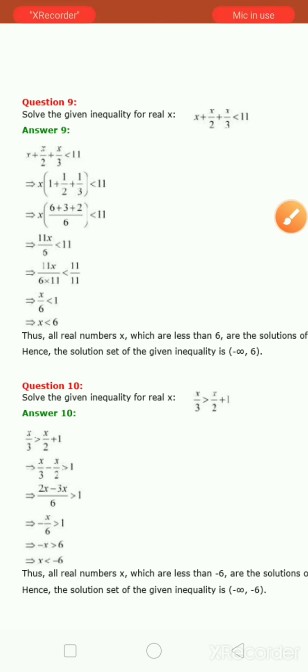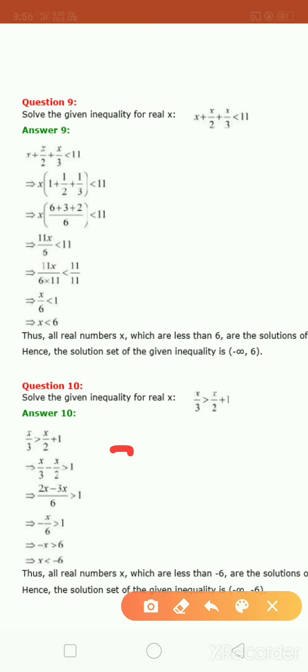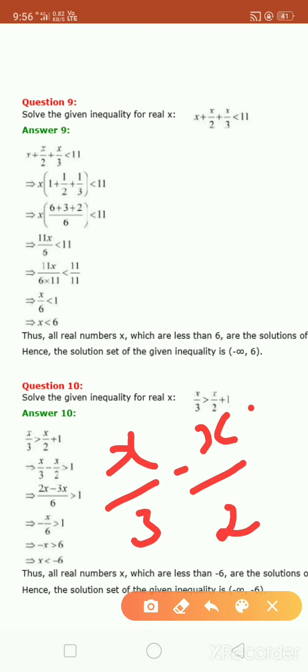In the same way you have to do question number 10: x by 3 is less than x by 2 plus 1. I will write minus x by 2 is greater than 1. You just bring the x term to the left side, so positive becomes negative. So you can simplify the variable x easily. Take the LCM of 2 and 3, which is 6.